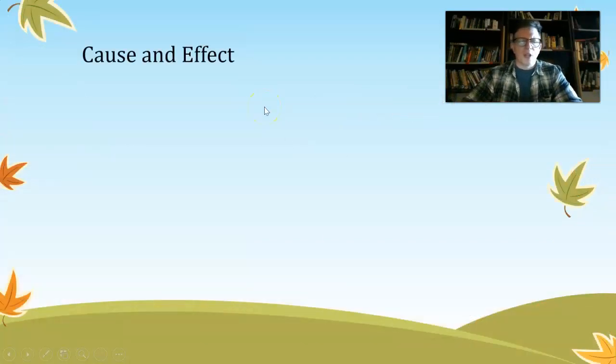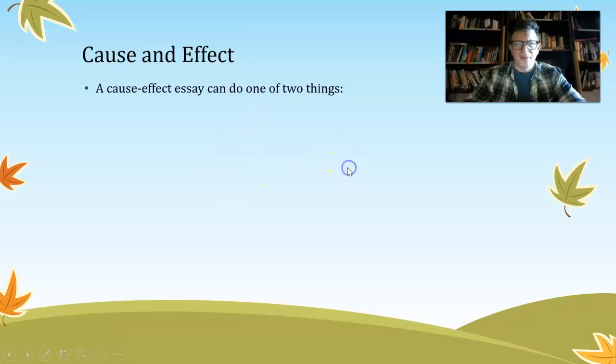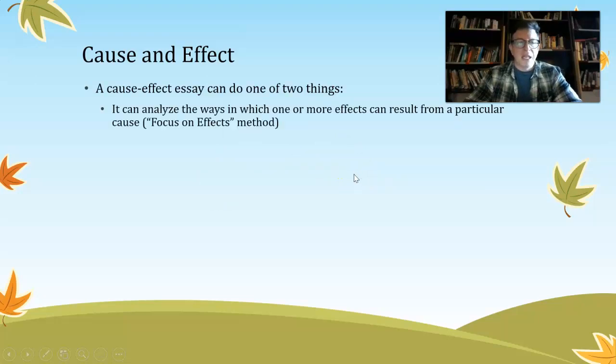The first one we're going to discuss is cause and effect. These really are not shockingly new, I'm sure. Maybe classification might be a little bit different, but cause and effect, you've been learning about since you were a child. A cause and effect essay can do one of 2 things. It can analyze the ways in which one or more effects can result from a particular cause.